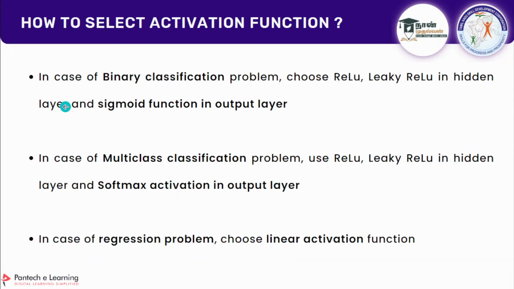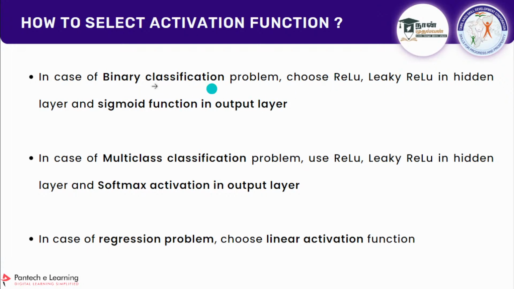So finally, to sum up, we have seen 6 types. How to select one? In case you are going with a binary classification problem, either 1 or 0, cat or dog, yes or no, choose relu or leaky relu in the hidden layer, because you want to pass the information.